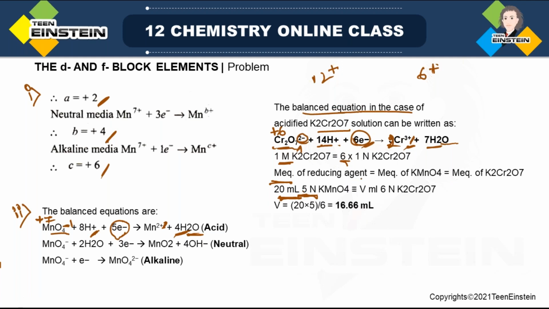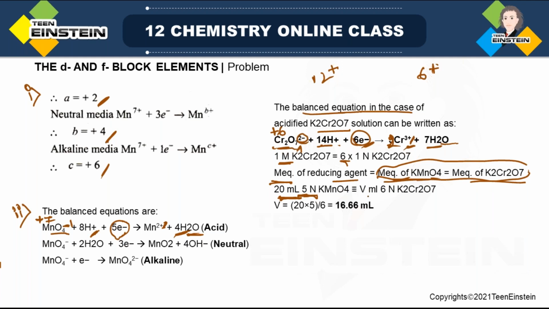So the milli equivalent of the reducing agent must be equal to the milli equivalent of KMnO4, because we are using the same reducing agent, and that is also equal to the milli equivalent of K2Cr2O7. Now focus on these two parts only. Milli equivalent of KMnO4 will be 20 ml 5 normal, because that is the volume of KMnO4 in acidic medium. But we do not know the volume of K2Cr2O7, but we know the normality.